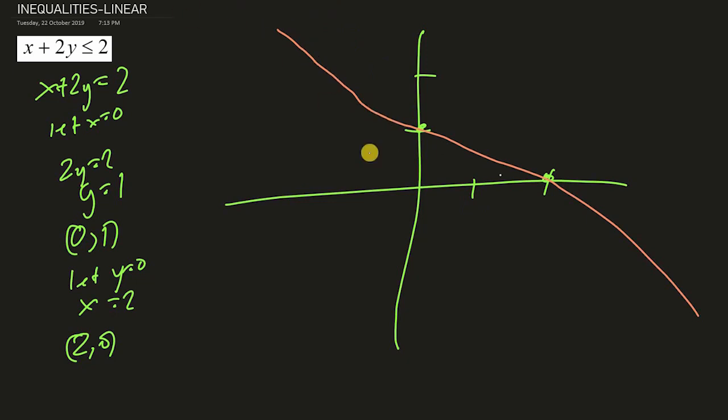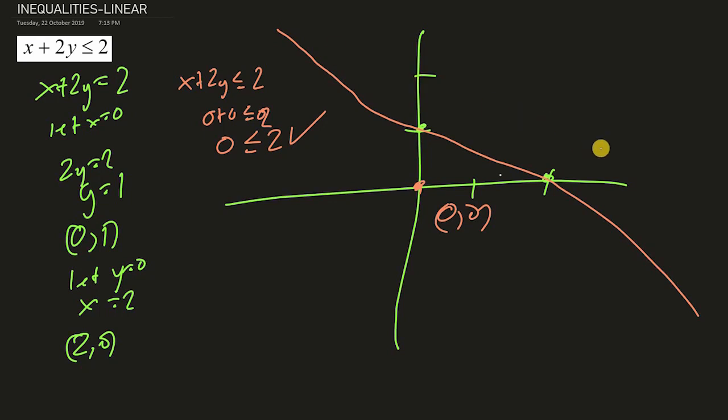Una, mag-test muna tayo dito. This is 0 and 0. So, when 0 and 0, will that satisfy x plus 2y is lesser or equal to 2? When both are 0, 0 plus 0 is lesser or equal to 2. 0 is lesser or equal to 2. Tama ba? Is 0 lesser or equal to 2? Definitely, tama yan. Let's test naman dito sa kabila. I will try to test this point 3, 0. So, x plus 2y is lesser or equal to 2.